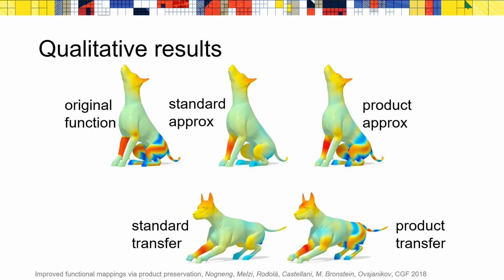If we add also the pointwise product of the Fourier basis and apply our approach A to regularize the estimation of coefficients in this new dictionary, we can better approximate the function and then better transfer it to the second shape without requiring any additional optimization.